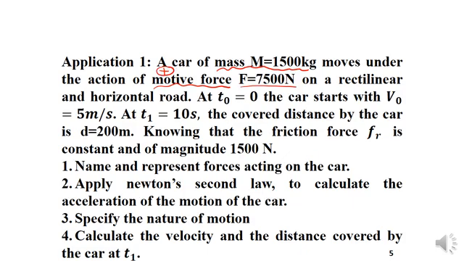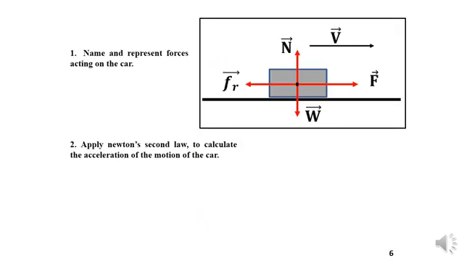At t0 equals 0, the car starts with 5 meters per second. At t1 equals 10 seconds, the distance covered is 200 meters. Knowing that friction forces exist and of magnitude 1,500. Number 1. Name and represent the forces acting on the car. They are represented already. We have just to name them.